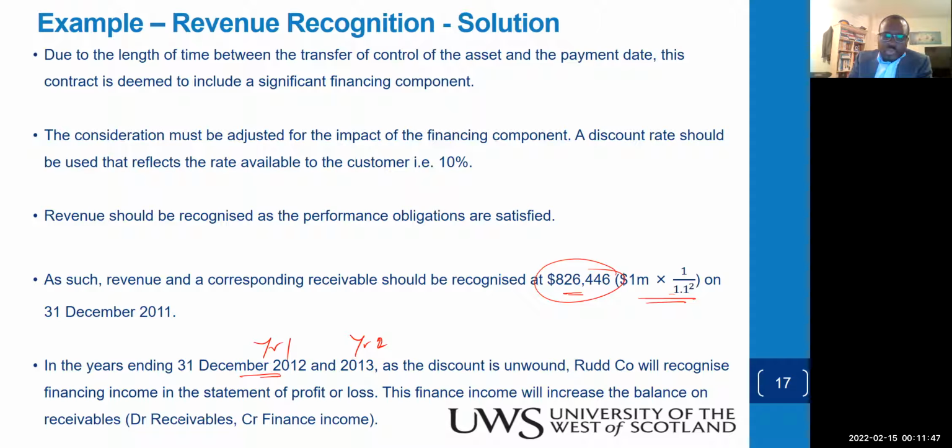This guy owes us today, so we debit our receivables. The finance income will increase the balance by debiting the receivables, and then we credit the finance income. Once it materializes, this guy will pay us cash. Once he pays us cash, cash will be debited, and then the total receivable amount will be credited to close it off.